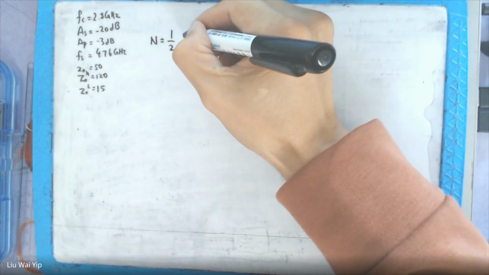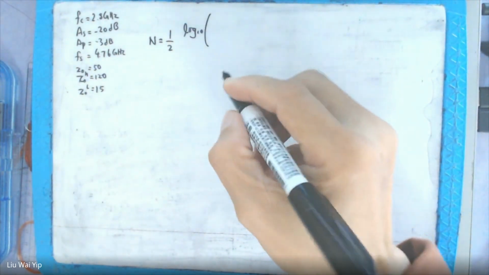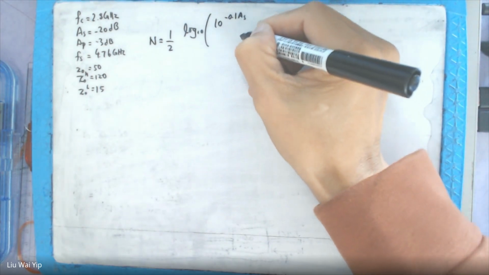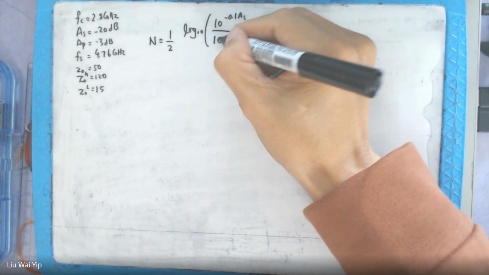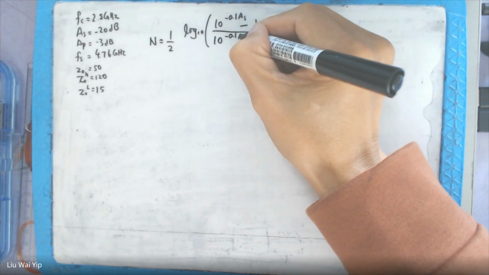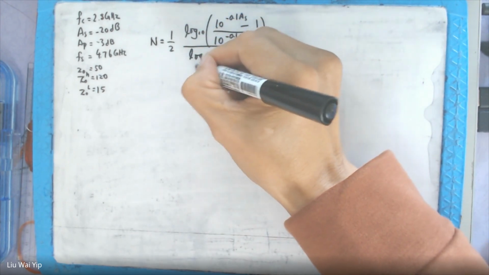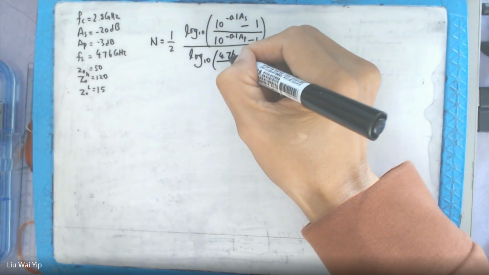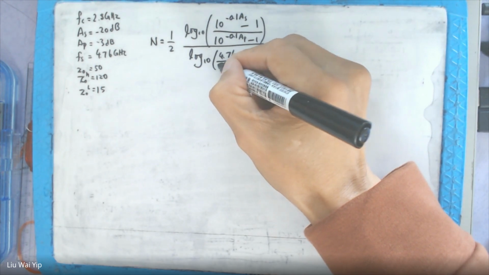So I'm going to do it: 1/2 times log 10 of (10^(AS/10) minus 1) over (10^(AP/10) minus 1), divided by log of 4.76 over 2.8. So this is the formula.